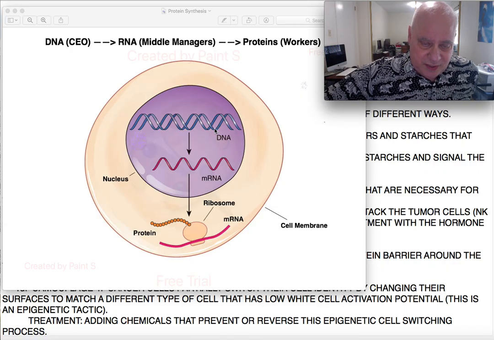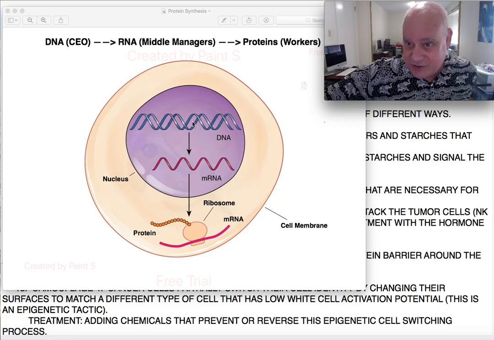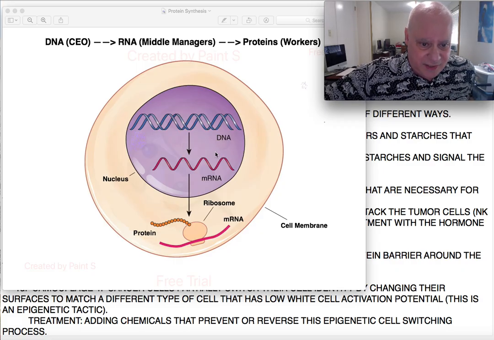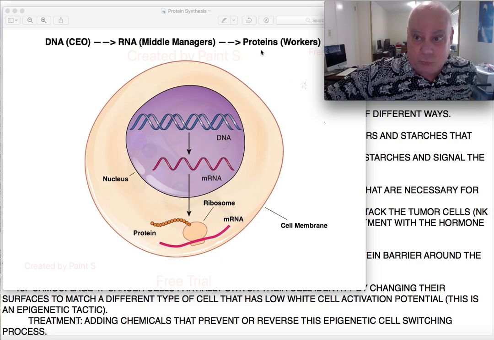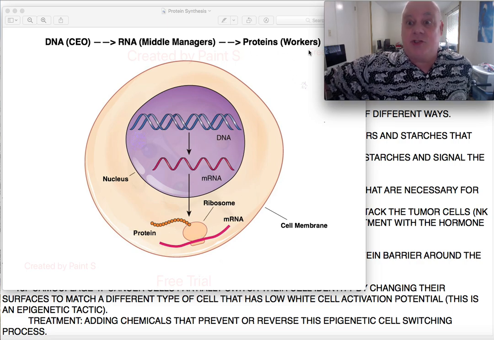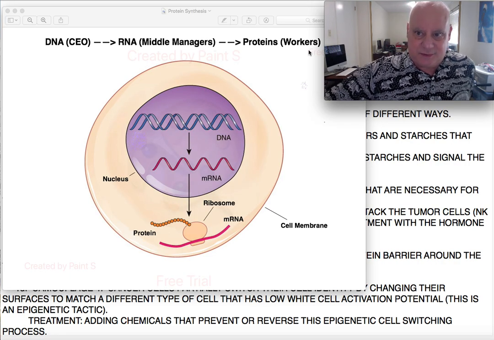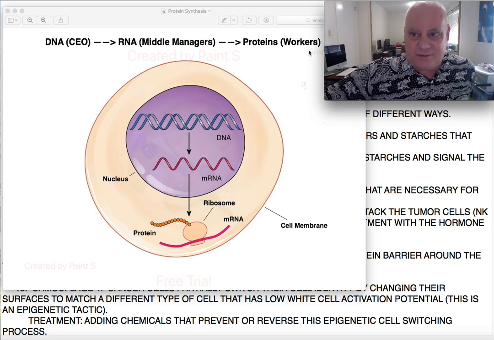And so the CEO, with all of the information for the organization, passes on different types of information to different middle managers, depending on what group they're in charge of. And then the middle managers pass on the instructions to the workers, who are actually the ones that do things in the company, whatever needs to be done in the company, right?